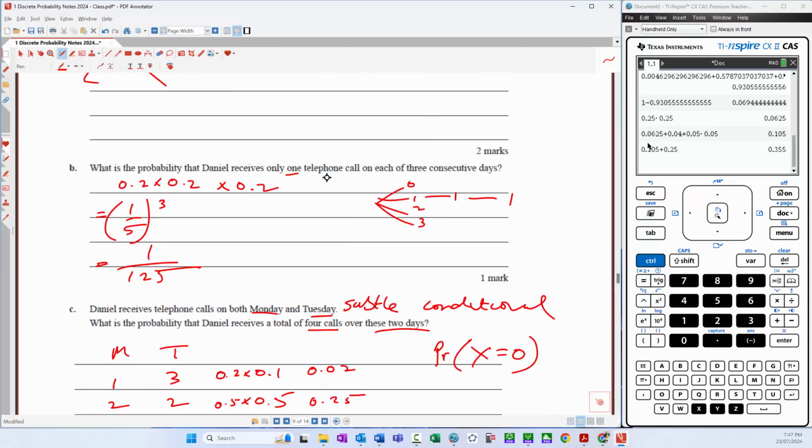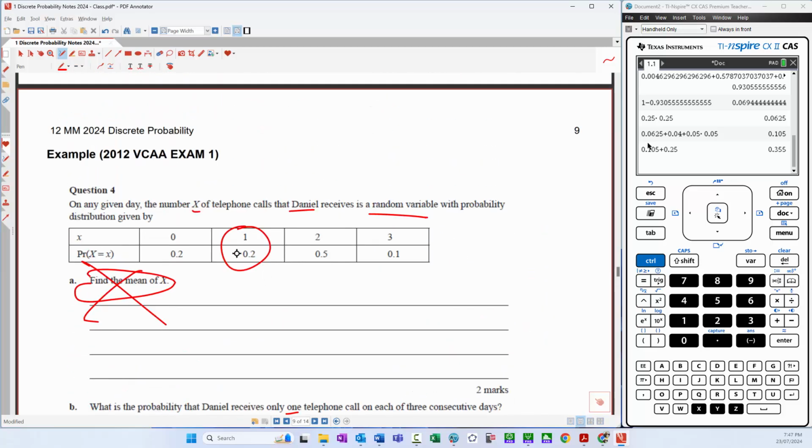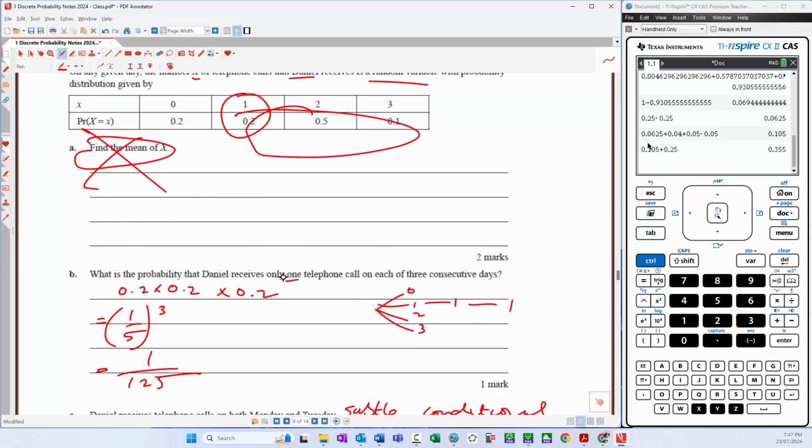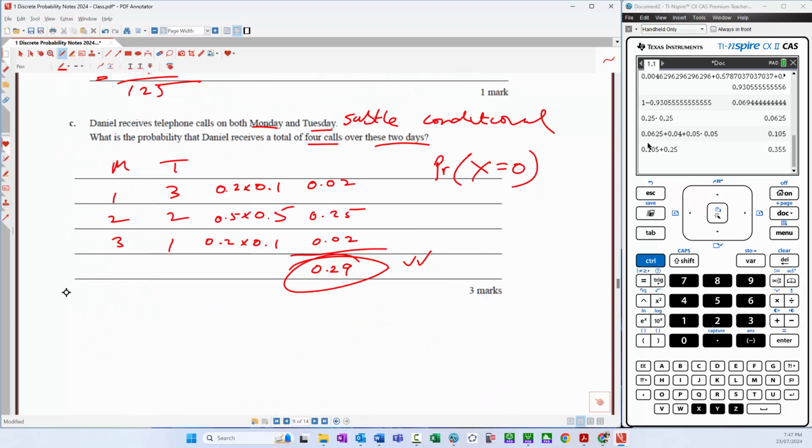The chance of him receiving a call on Monday is 0.8, and receiving a call on Tuesday is 0.8. That gives us a probability of 0.64. So now all we're going to do is 0.29 over 0.64, which is 29 over 64.